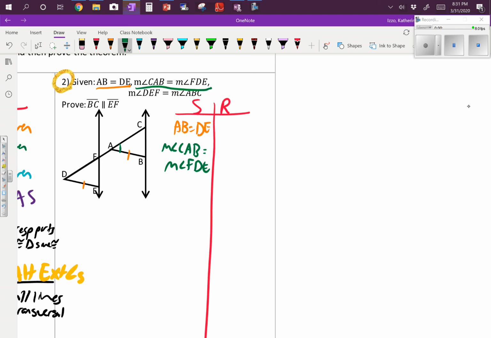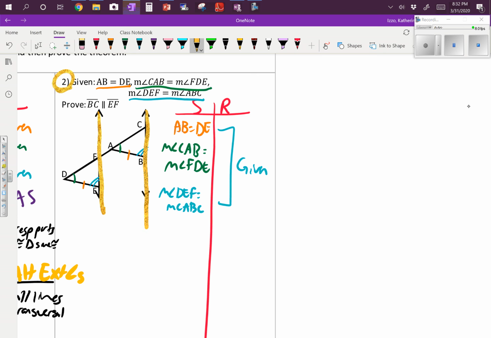And then our last given, measure angle DEF equals measure angle ABC. Okay, and those are my givens. We want to prove that BC and EF are parallel.